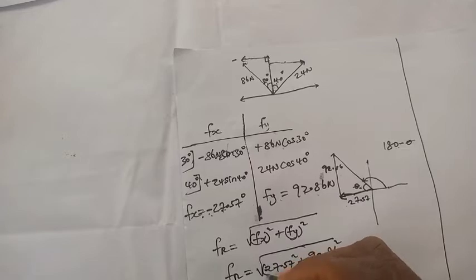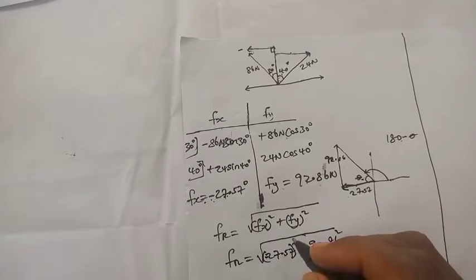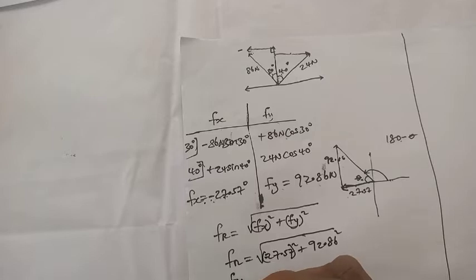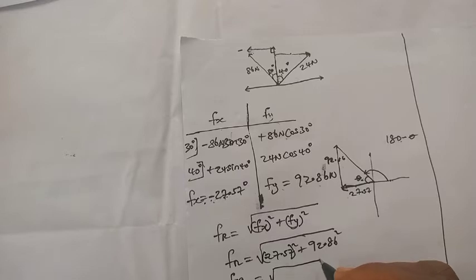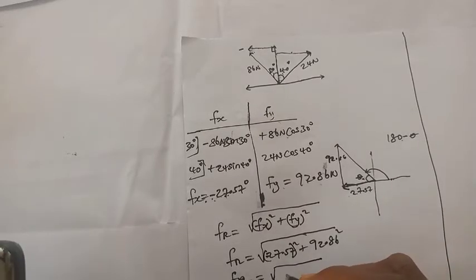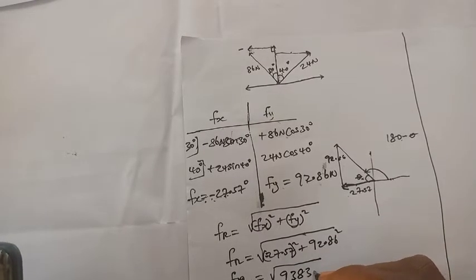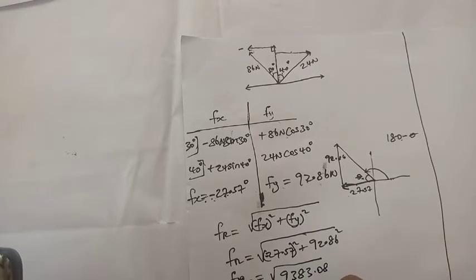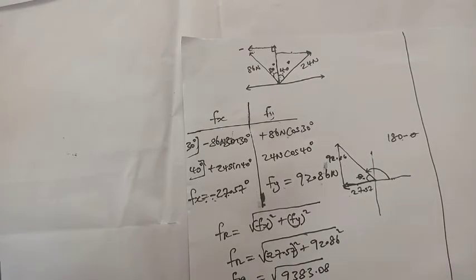I can put negative because negative times negative is going to be positive, so it doesn't make any difference. So the resultant force is equal to the square root of 27.57 square plus 92.86 square. So that's going to give us 9383.08.